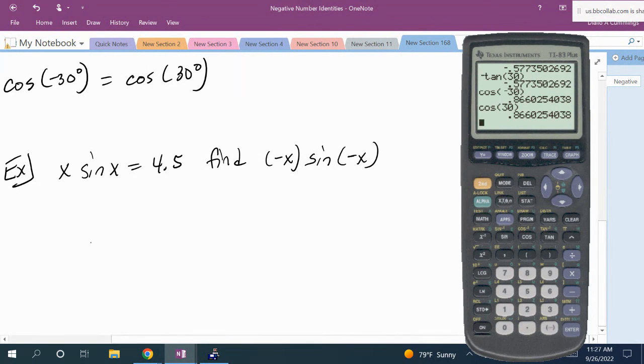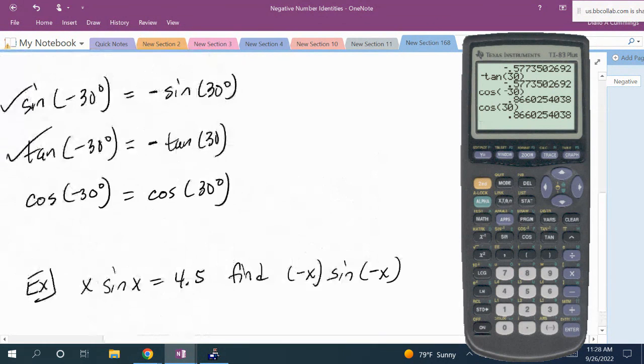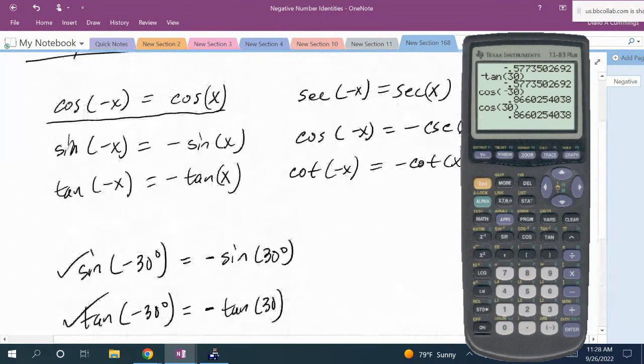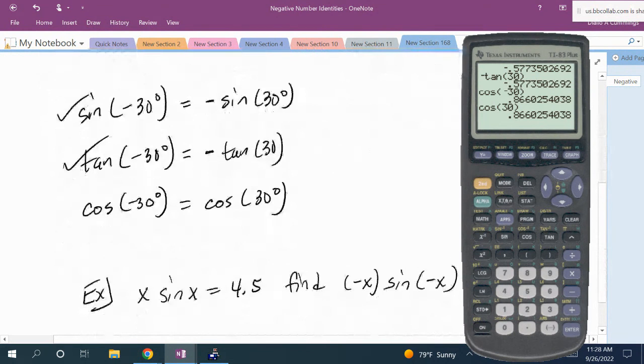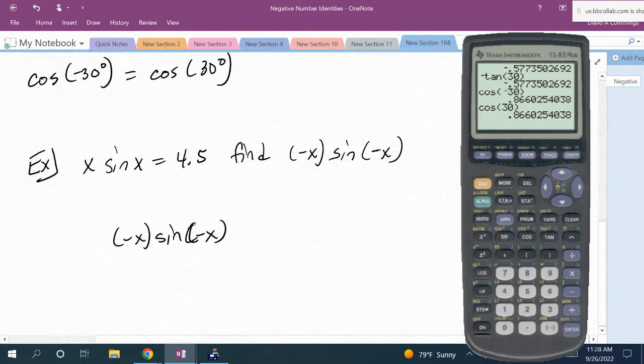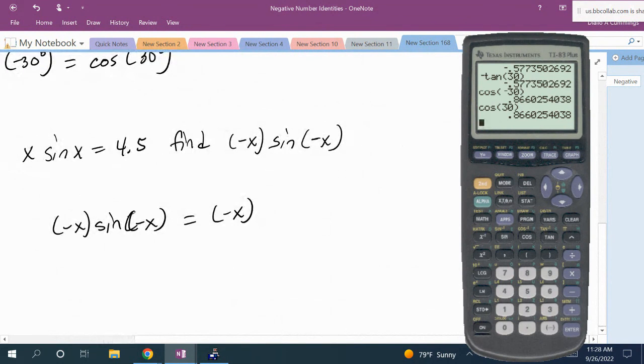All right, so the first thing I'm going to do is write negative x times the sine of negative x. And I'm going to rewrite that negative angle as a positive angle by using this formula, right? The sine of negative x is equal to negative times the sine of x. So this is equal to negative x, which I have in the front, times negative times the sine of positive x.